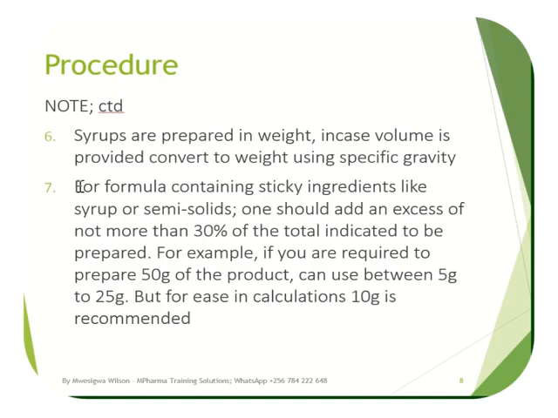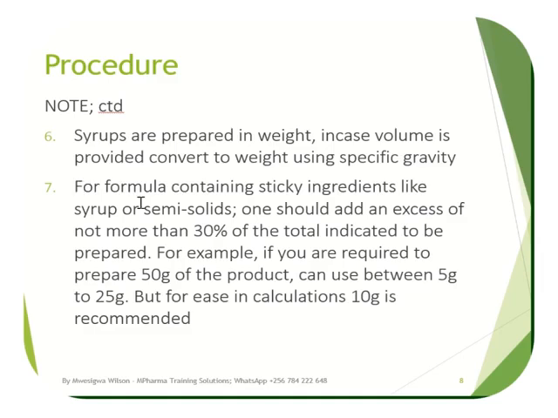For formulas containing sticky ingredients like syrups and semi-solids, it is a must to add an excess, at least not more than 30%, though other books may say 50%, of the total indicated to be prepared.